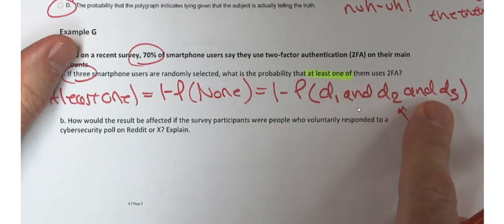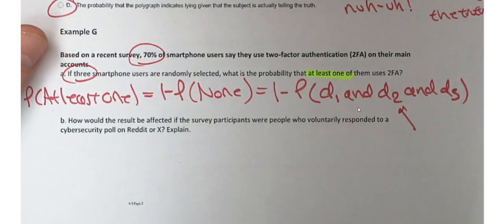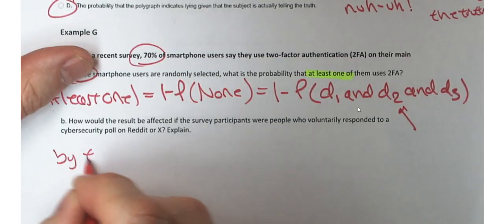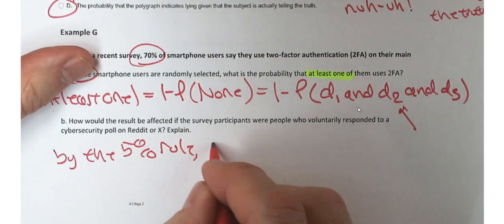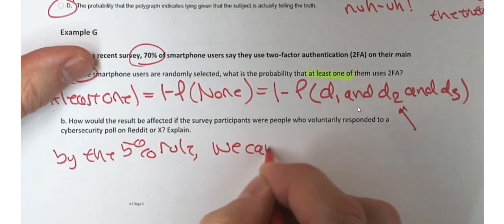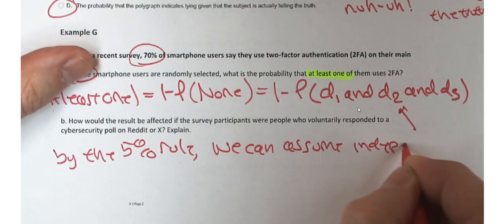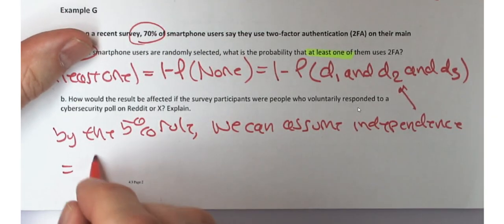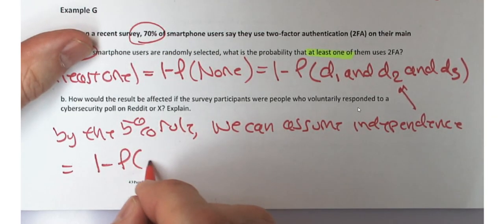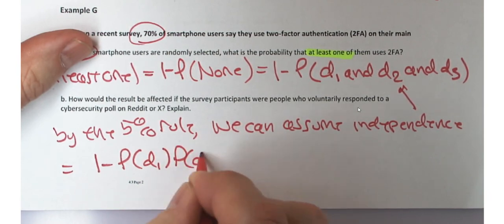But chances are 3 is going to be much less than 5% of your sample size. So by the 5% rule, we can assume independence. So it's going to be 1 minus probability of D1 times probability of D2 times probability of D3.